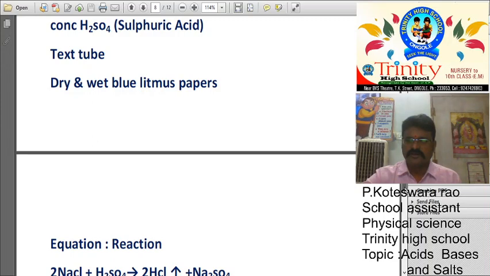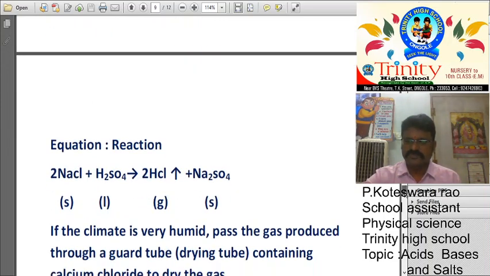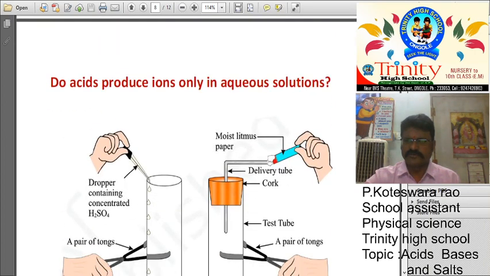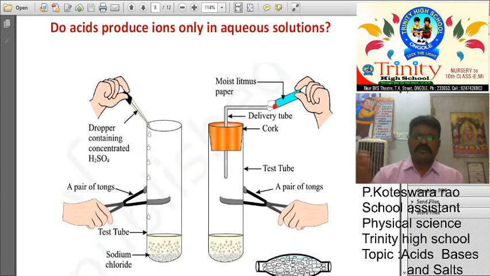So first of all, this is the diagram. We want to take sodium chloride, NaCl, in a test tube, and we can hold it with a pair of tongs. Why?